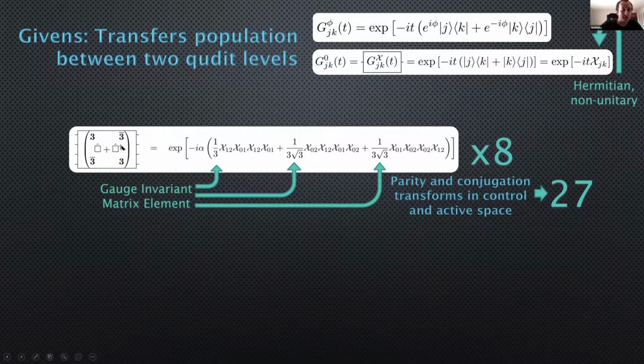So for the plaquette operator in the 3 bar 3 control sector, you can write this part of the trotterization in terms of these 4 generators of Givens rotations acting on each of the Qdits in the link. And then these amplitudes are given by the plaquette matrix elements.